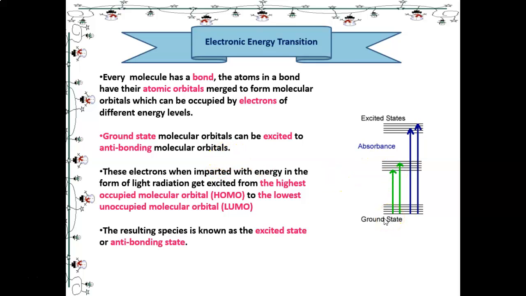When imparted with energy in the form of light radiation, the electron gets excited from the highest occupied molecular orbital, HOMO, to the lowest unoccupied molecular orbital, LUMO. The resulting species is known as the excited state or anti-bonding state. The normal location of the compound is the ground state, and when it is imparted with energy, it gets into the excited state.